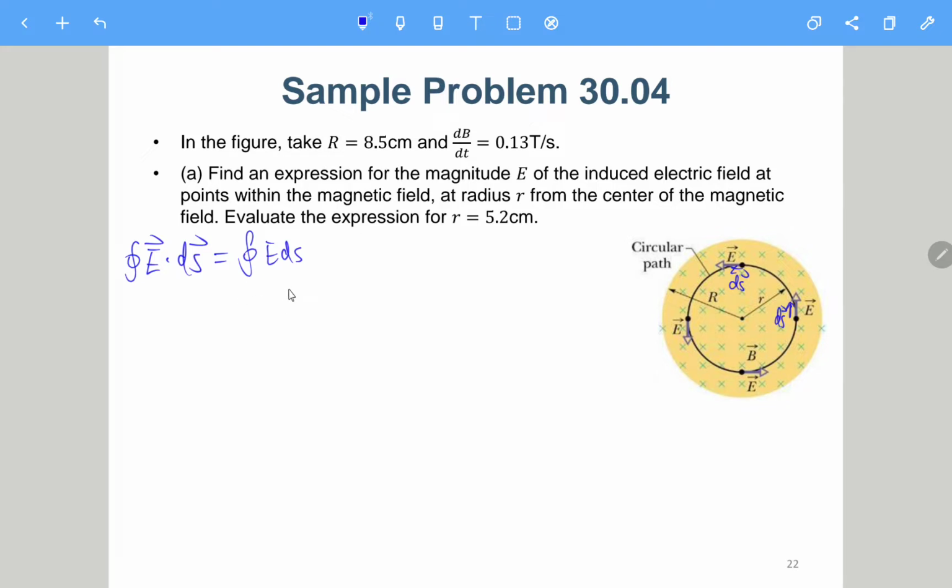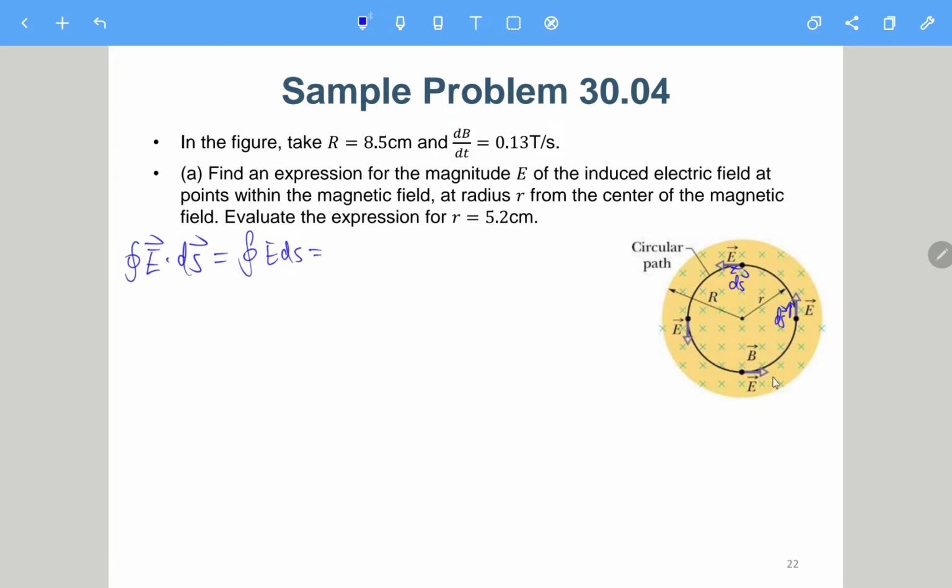And then E is a constant, because this is a circular region. And this Ampere path also has the same center, which means this circle and the boundary are concentric circles.